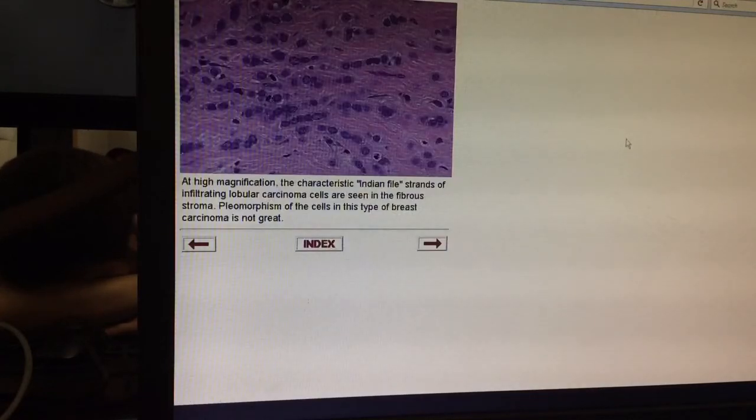Other types of carcinoma of the breast are called lobular carcinoma. Lobular carcinoma means that the cells are discohesive and show an Indian file appearance.